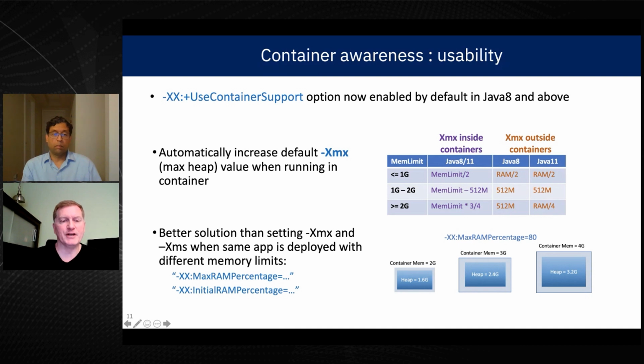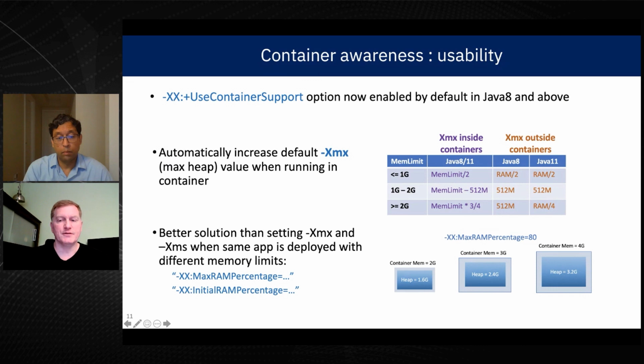The recommended way to do this is with the max RAM percentage and initial RAM percentage options, which essentially give you the ability to specify a relative heap size based on the size of the container limit. So if you have a small container, on the right side here, it will allocate a heap of, in this case, 1.6 out of 2 gigs. If you are in a large container, then it will allocate a much larger heap.